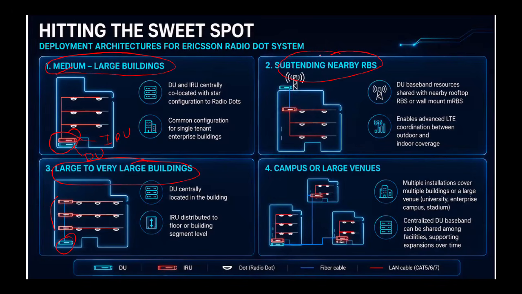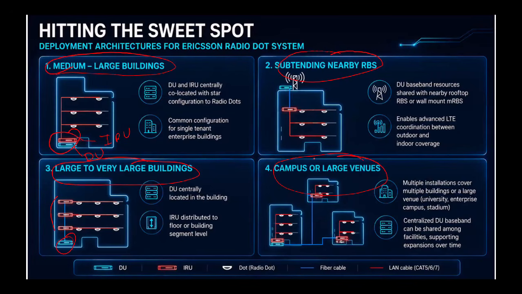Right? Then we have campus or large venues such as factories, universities, hospitals. So we may have multiple buildings. In this case, we can use a centralized DU and distribute IRUs and radio dots across the different buildings. So the overall concept is very simple. DU is connected to IRU, IRU is connected to radio dots, and radio dots are connected to the users.